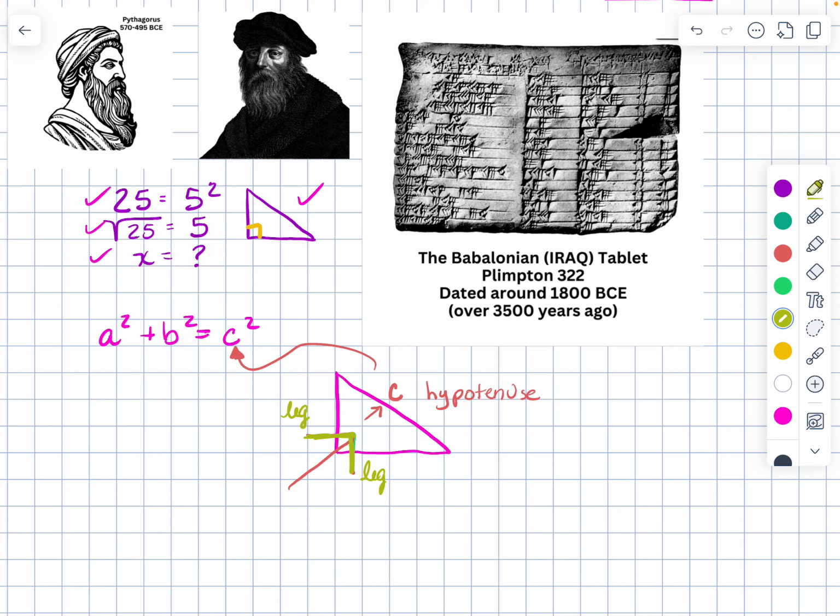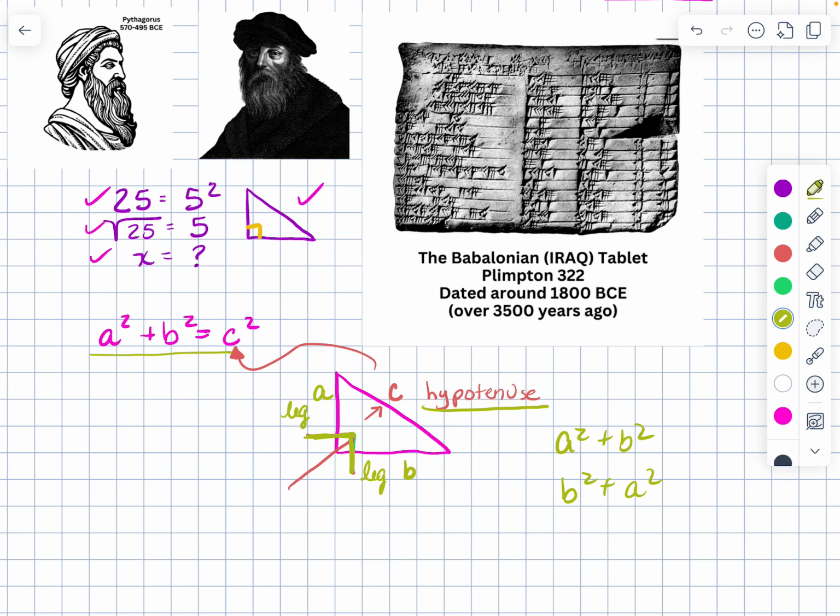And on these legs, we can call these A and B. And it doesn't matter which one is A and which one is B, because A squared plus B squared is the same as B squared plus A squared. It doesn't change anything to reverse those. And that's how the equation is written out. So it doesn't matter which one of those is A or B, but the hypotenuse, it does matter. It must belong to the longest side.